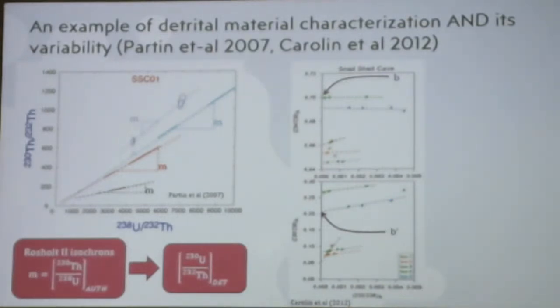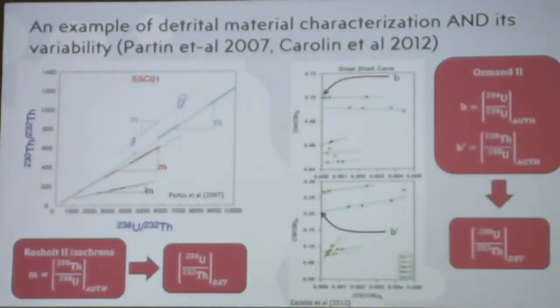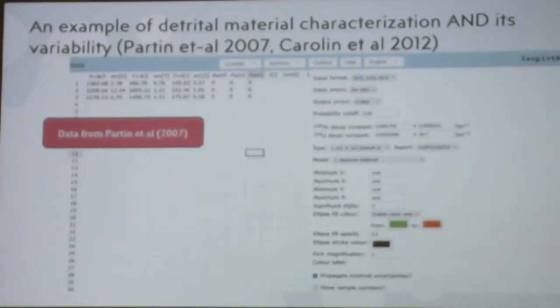You can find the data for these plots also in the file that I sent you. And they calculate the data for the detrital phase. So taking the data from Partin, you can do it here, they go to an isochron, the uncertainty levels, the output errors, and the correlation. We are going to be using what is called a maximum likelihood.